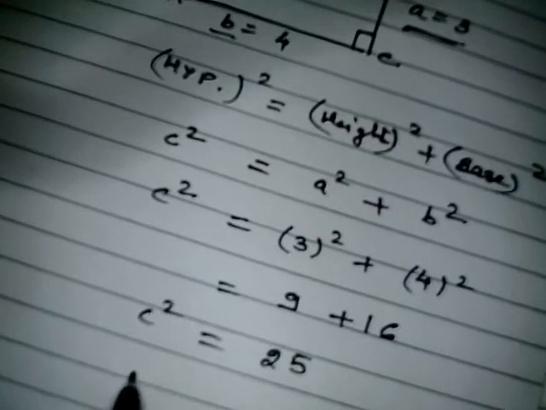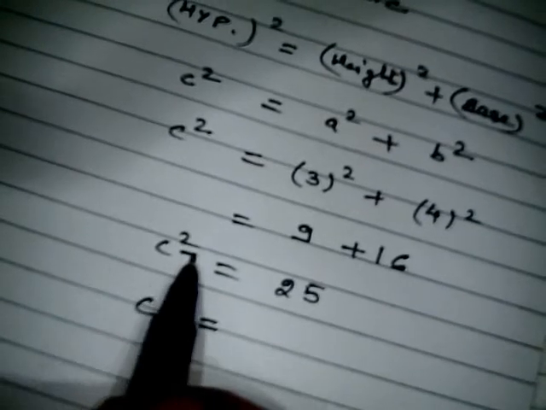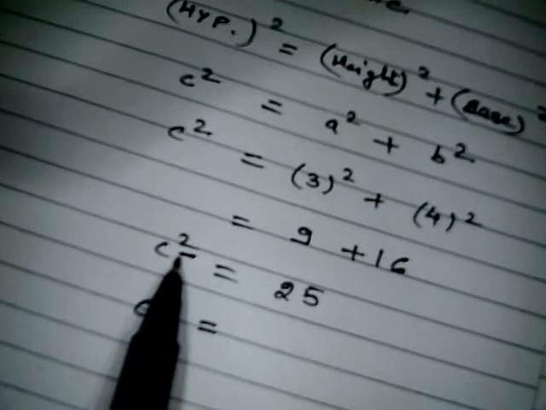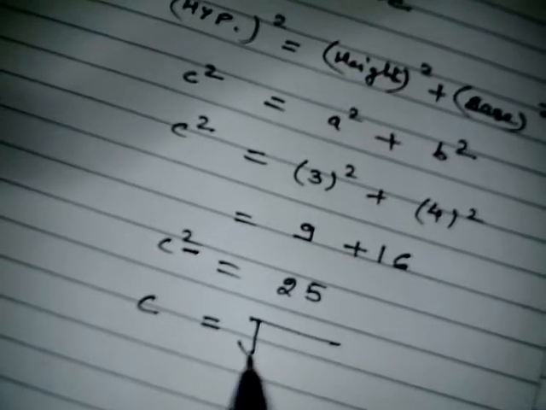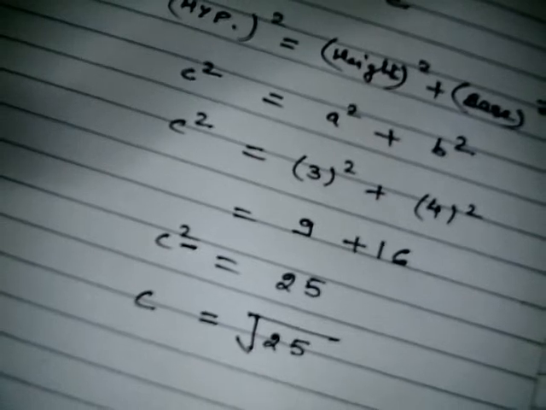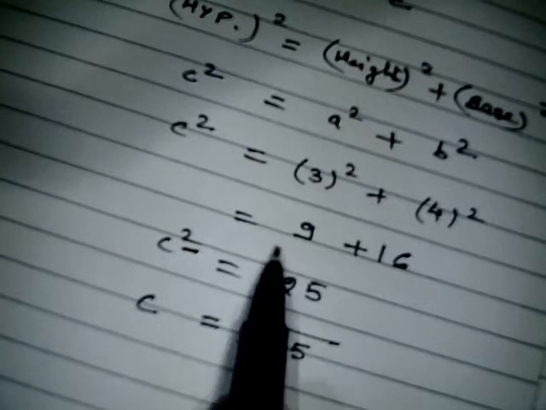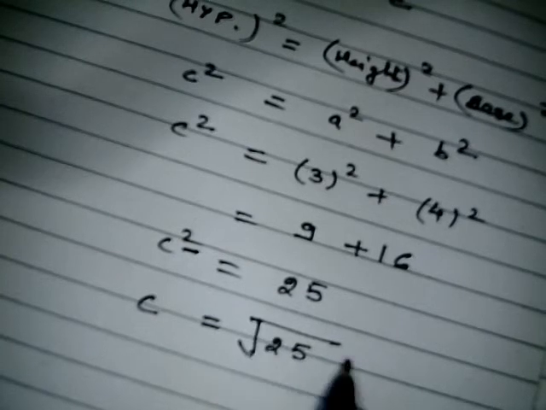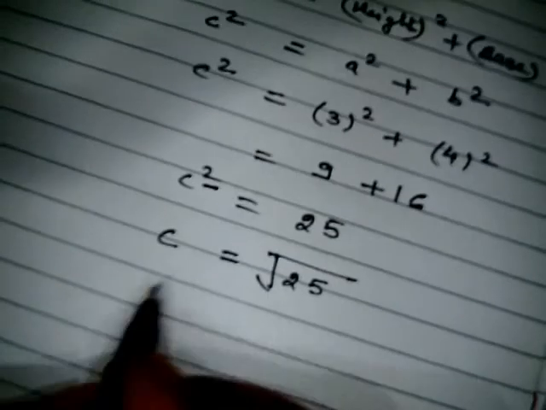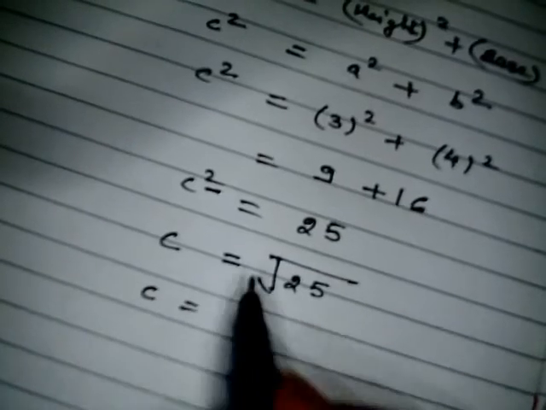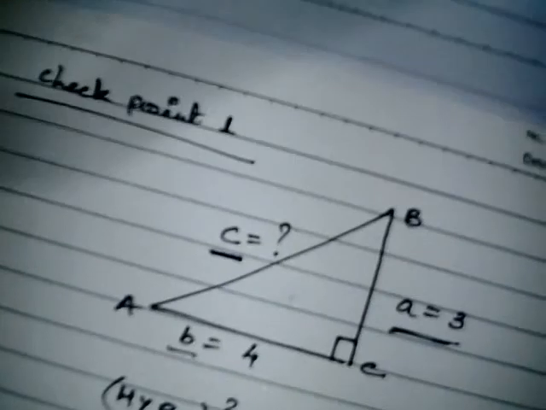When you remove the square from here, the number, whatever the quantity is there, will come inside the square root sign. This is the square root property. So the square root of 25 is going to be 5. So we have got the value of C, that is 5.